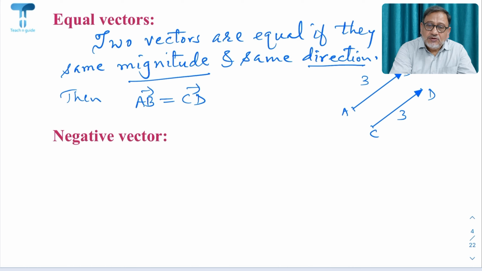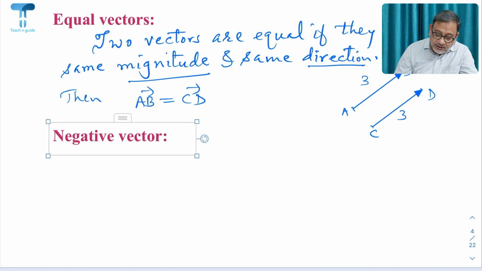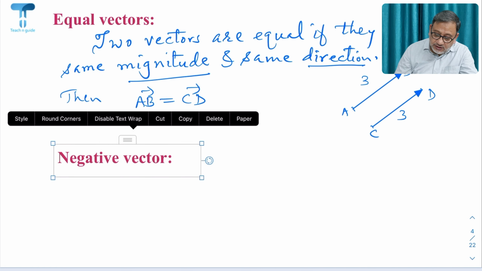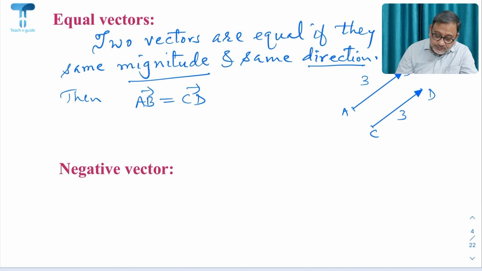Now look here, there can be free vectors also, localized vectors and free vectors. Let me explain that first, then I will come to the negative of a vector.